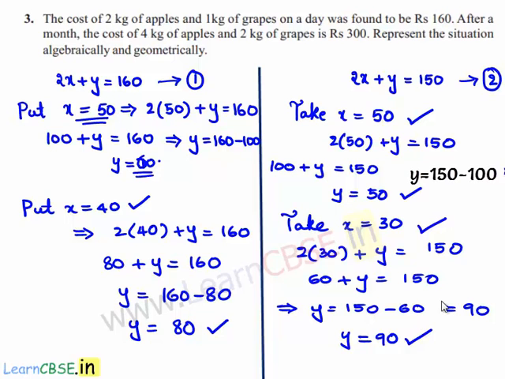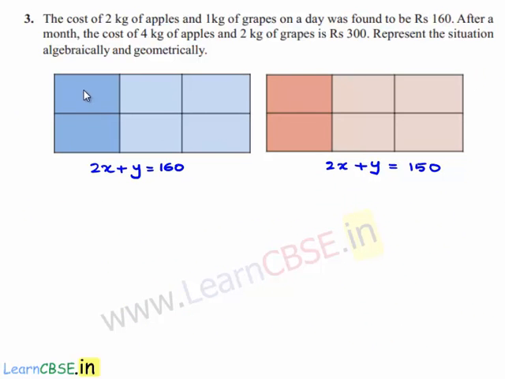So let us tabulate these values in tabular form. Now let us write x and y here. If x is equal to 50, we got the value of y as 60, and if x is equal to 40, we got the value of y as 80, for the equation 2x plus y is equal to 160.